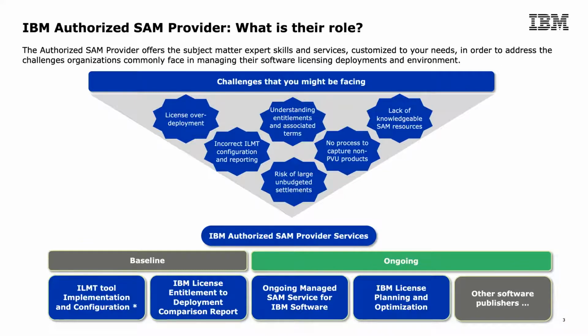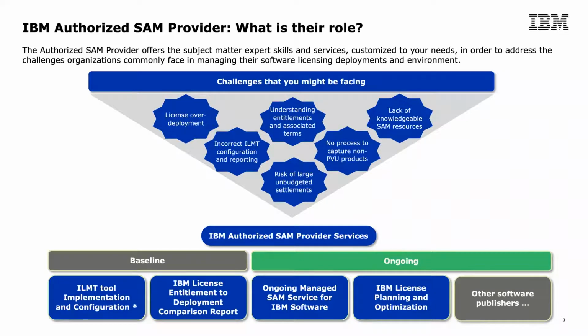ILMT has been a challenging tool to install, configure, and then get it to report. However, we rely on that and we continue to develop that. The other complex elements, of course, remain as understanding entitlements, understanding associated terms, and then looking at the PVU or the non-PVU elements of the estate.